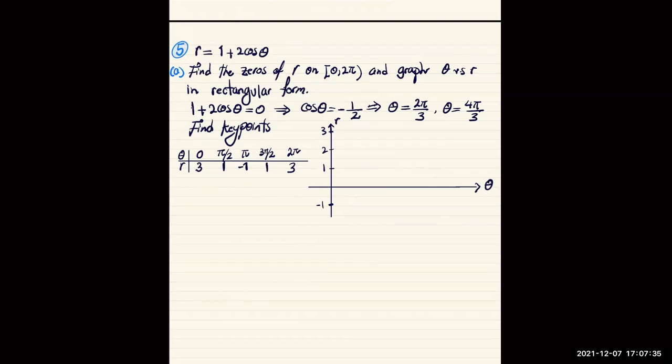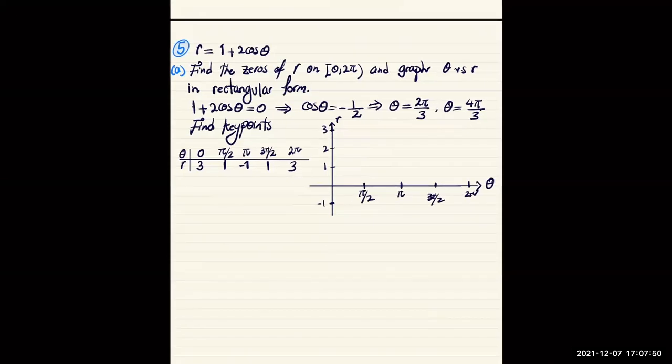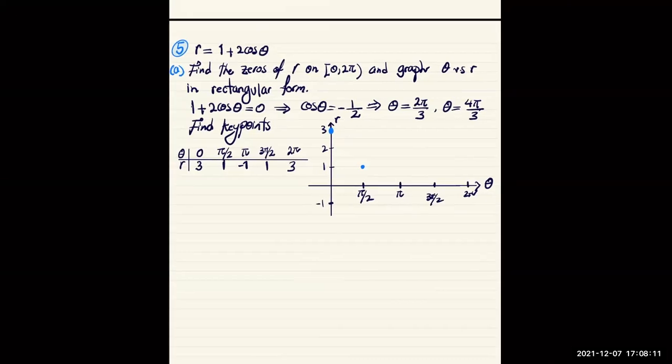So I'm locating the key points, pi over 2. We have pi. At 0, r is at 3. So 0, 3 is right here. At pi over 2, r is going to be 1. At pi, it is -1. And somewhere in between, r is gonna cross the theta axis.